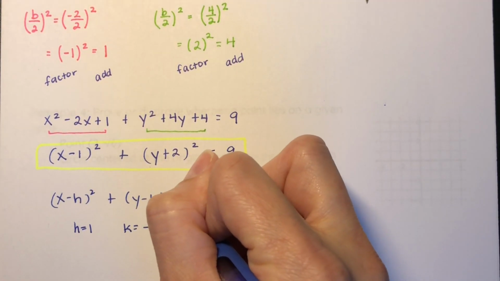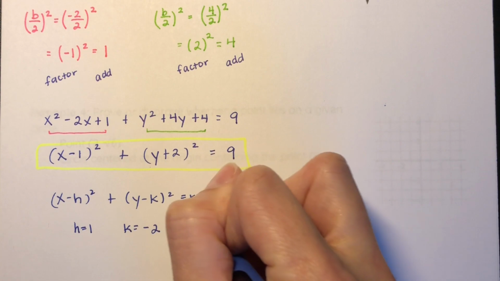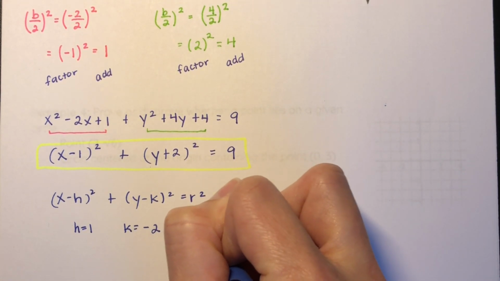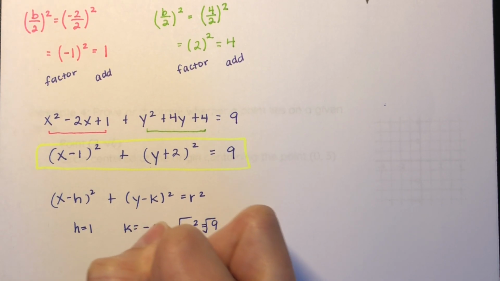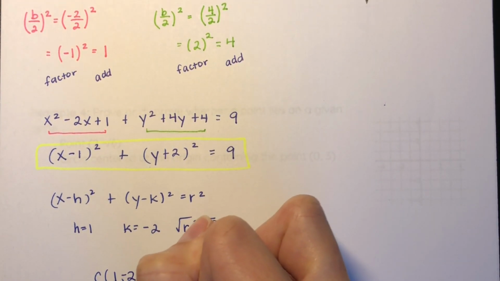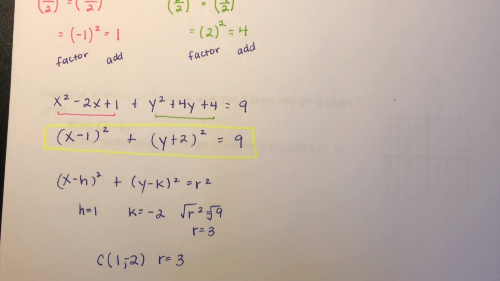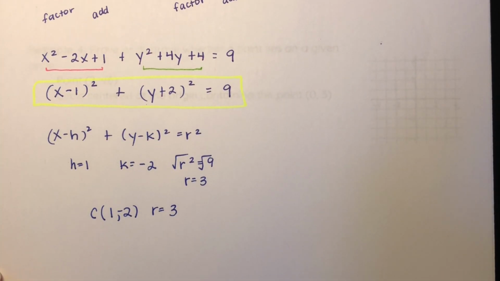And then r will equal positive 3. So I have my center, which is 1 comma negative 2, and then I have my radius, which is 3. And now I have enough information to draw the graph.